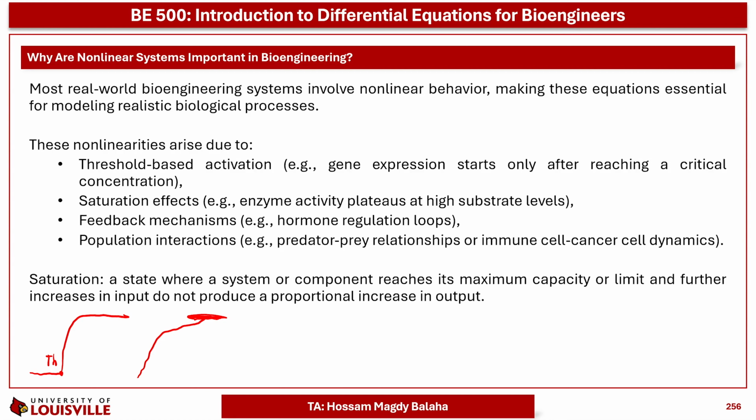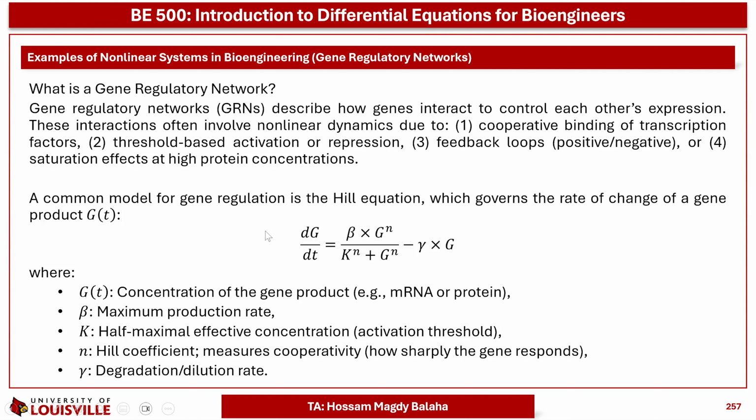So by including these points to our system, this will convert it to nonlinear differential equation or nonlinear system, which will require special treatment and dealing with them. One of the examples for the nonlinear systems in bioengineering is called gene regulatory network or GRNs.